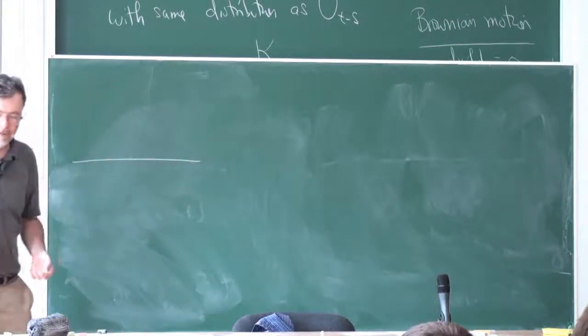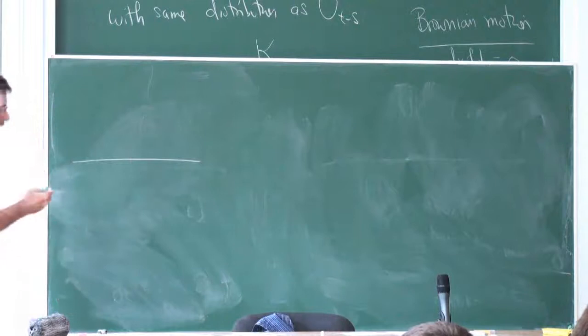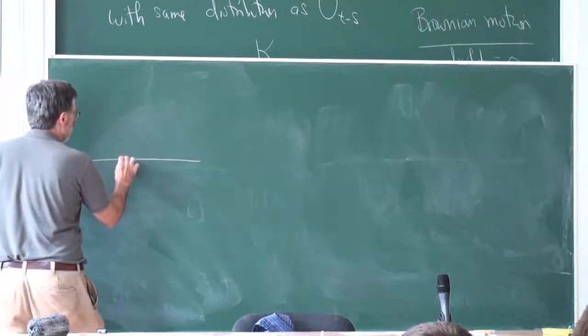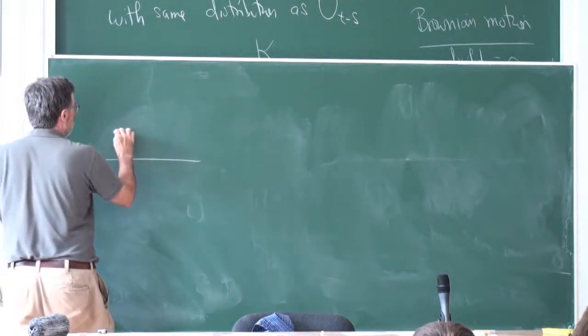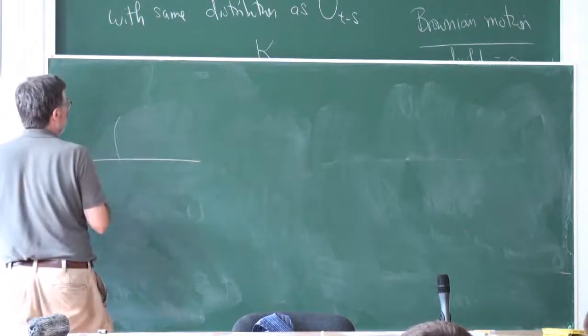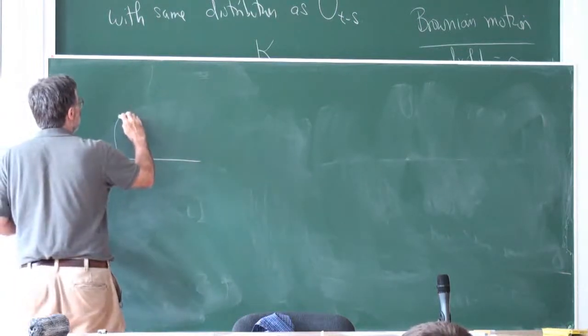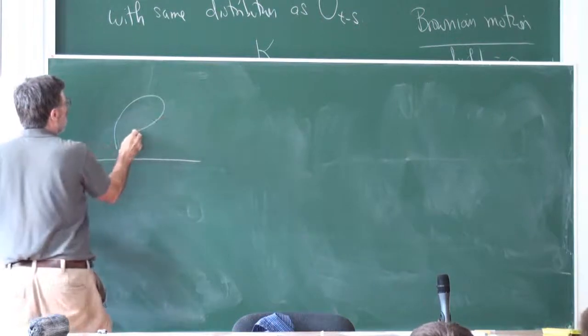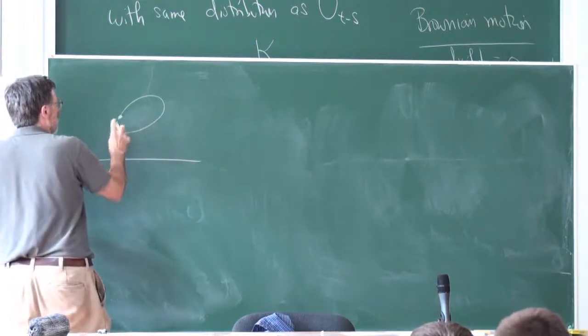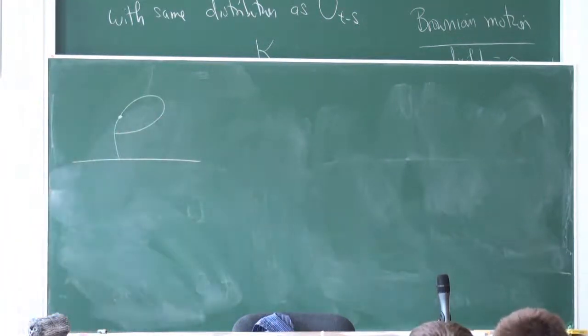Let's suppose for a minute that my curve had a self-intersection. There's a curve with a self-intersection.